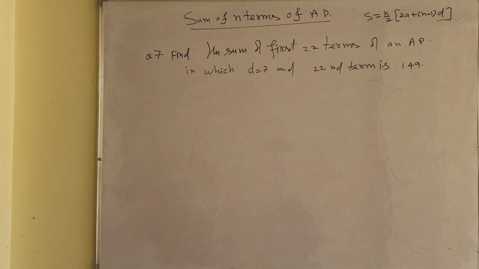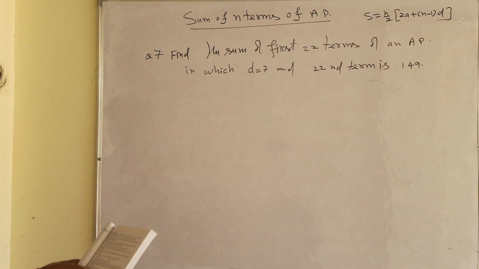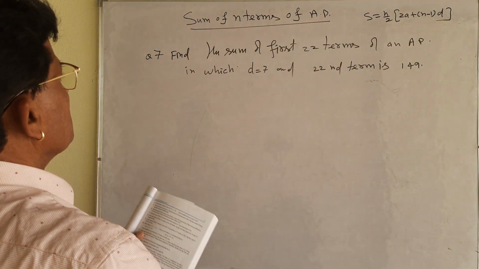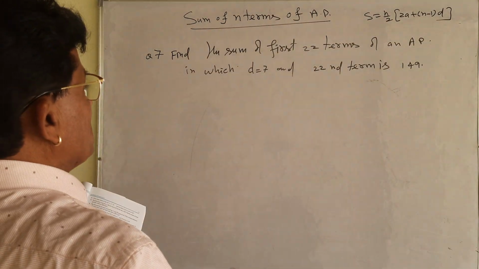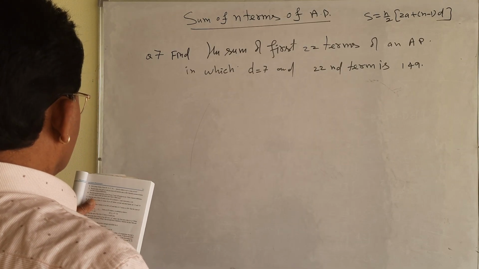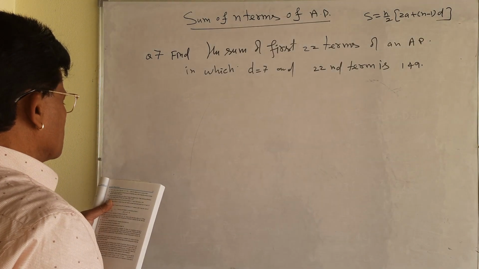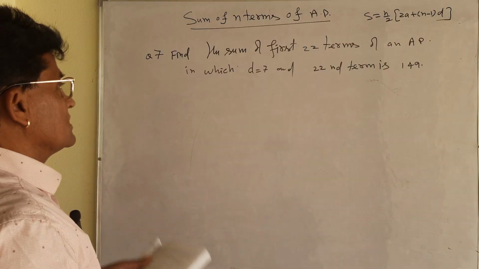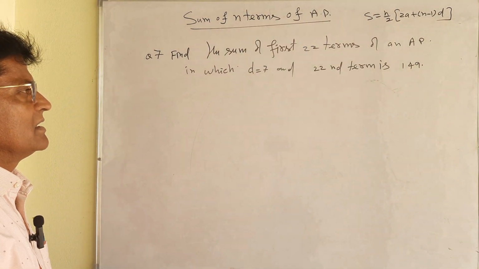See, my dear students, this question in your book, you can see question number 7, is related with the sum of n terms. The sum of first 22 terms of an AP, you will find, in which d is equal to 7 and the 22nd term is given 149.